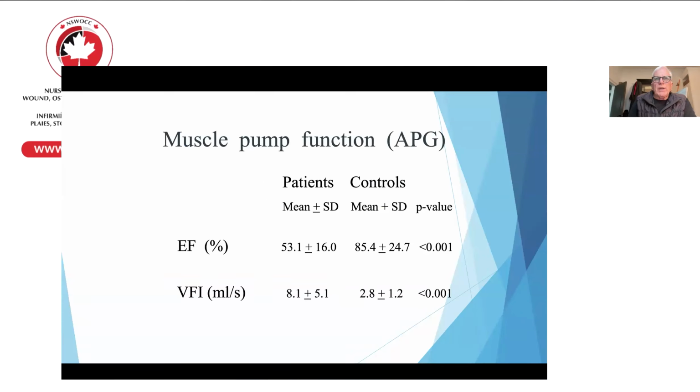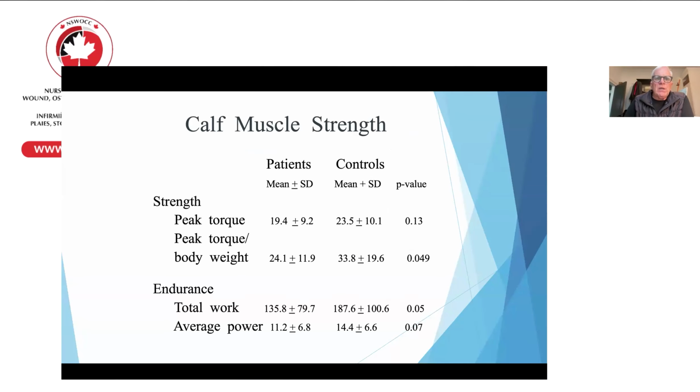And if you look at normal subjects versus those who've had venous leg ulcers, you'll see that the ejection fraction is reduced in people who have had venous leg ulcers, and refilling occurs more rapidly. So you've got 8 mils per second as against 2.8 mils per second in the controls. So that more rapid reflux comes from the valves not functioning and the blood quickly refilling that leg.